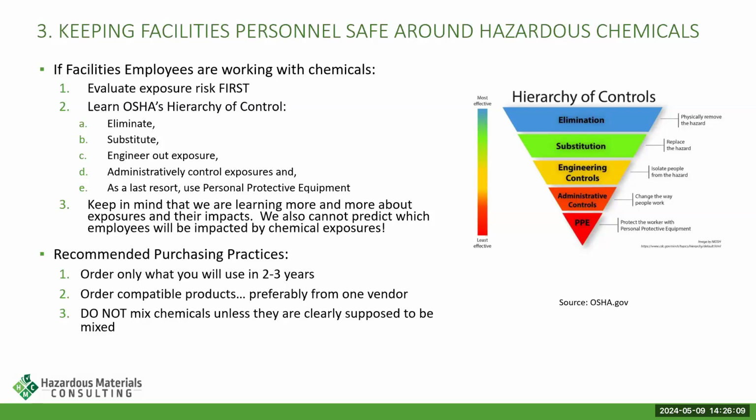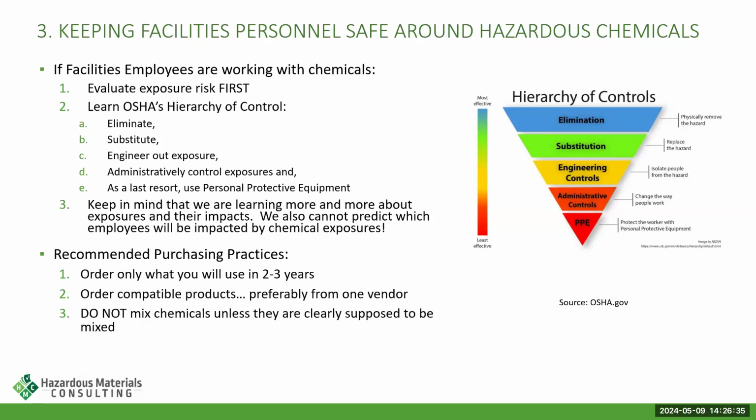For purchasing practices that you really need to implement with your safety committee for school-wide implementation, purchase only what you're going to use up in 2 or 3 years. We do not want large stockpiles laying around. It just presents way more risk. As you're deciding what to purchase from vendors, make sure that you're purchasing only compatible products.